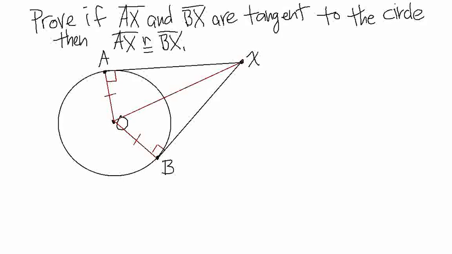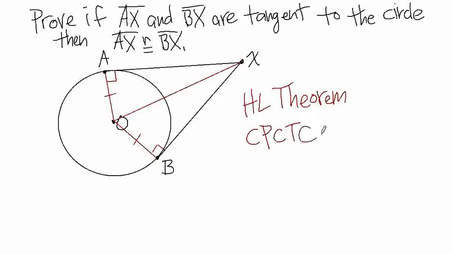We have two right triangles that share a common hypotenuse. So we can establish that those two right triangles are congruent from the HL theorem. And then we can use the fact that congruent parts of congruent triangles are congruent to establish that line segments AX and BX are congruent. All right, that's a very nice result.